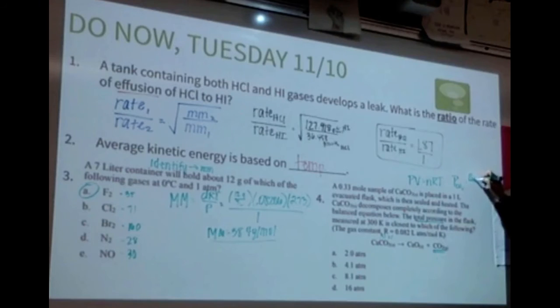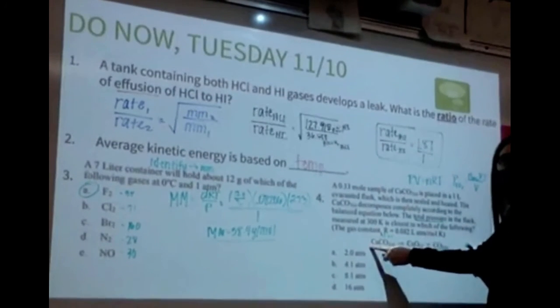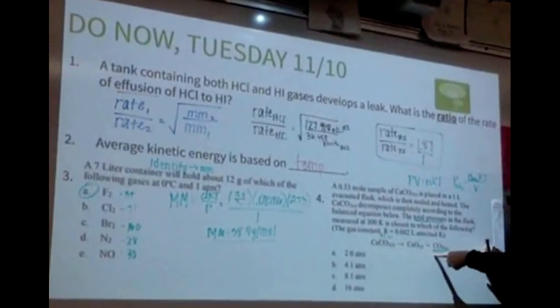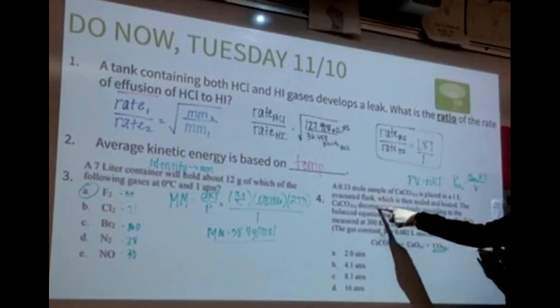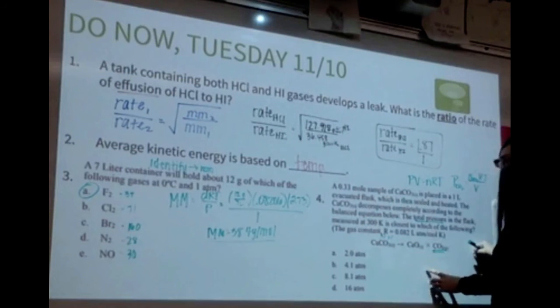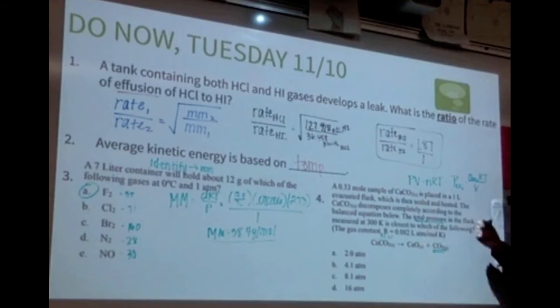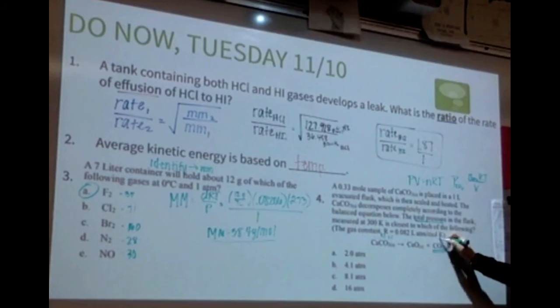So that means that we need moles of CO2 times R times T divided by volume. Now you maybe look at this and you're like, well, they gave me moles of calcium carbonate. Look at your ratio. 1 to 1. And it says it decomposes completely. 1 to 1 ratio means if you have 0.33 moles here, you form 0.33 moles of CO2.